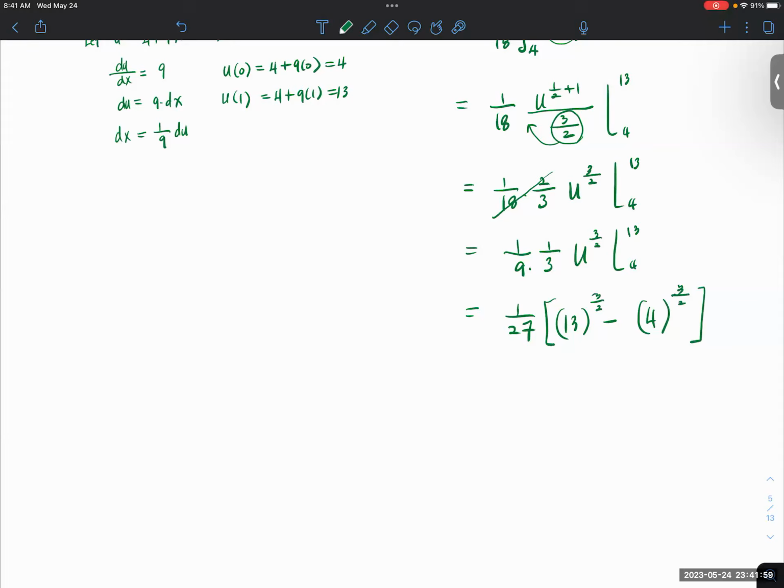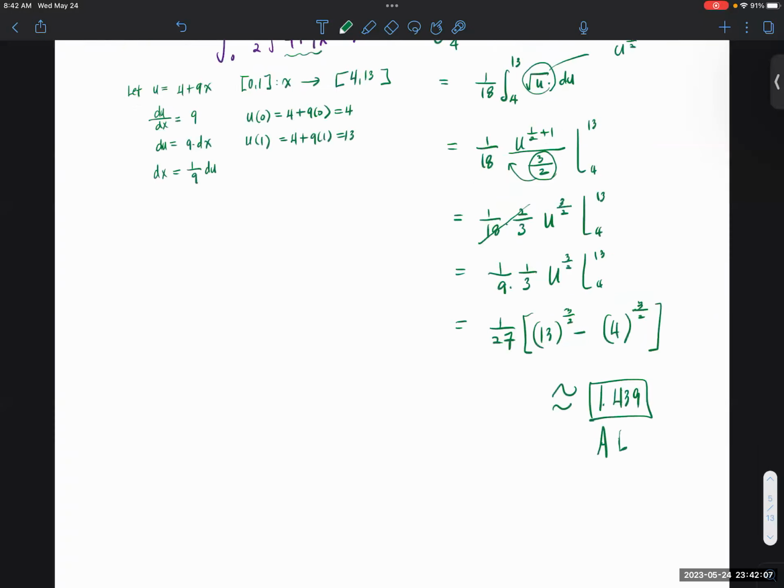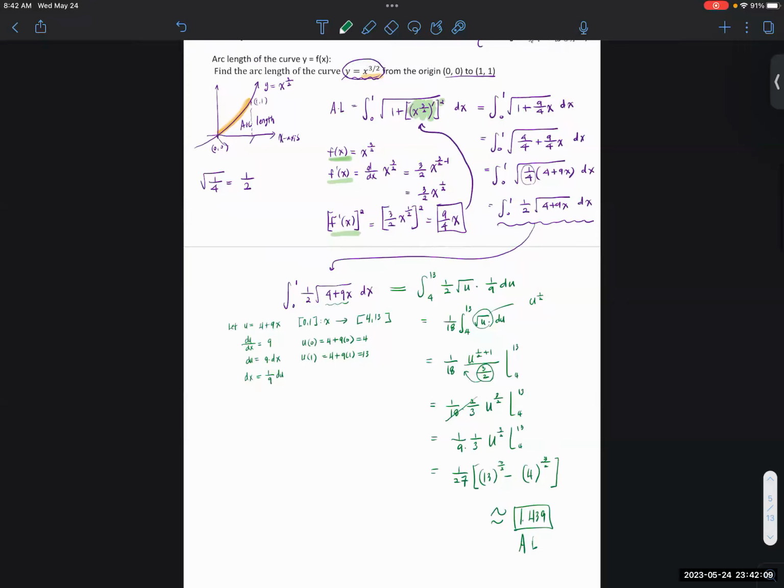You can convert it to a decimal, approximately 1.439. This is the arc length, as you see in the image, from 0 to 1. So this is the length we just calculated. You can estimate it.